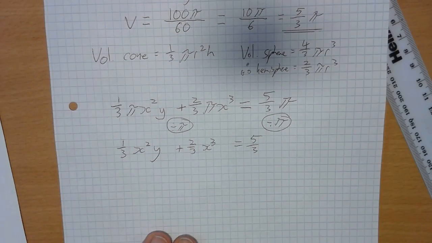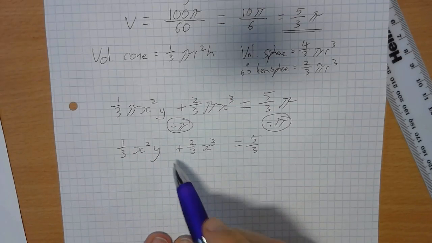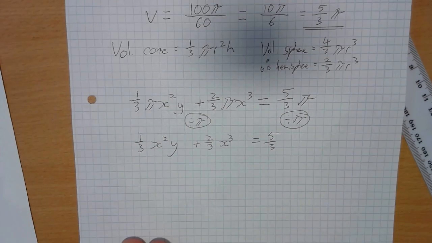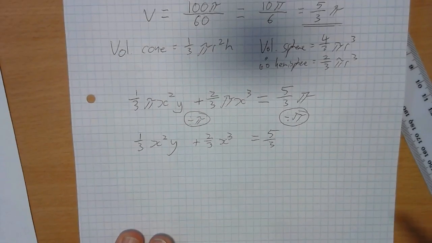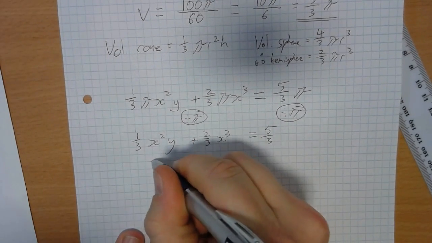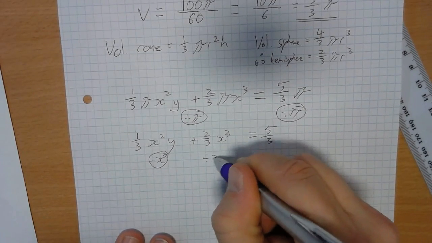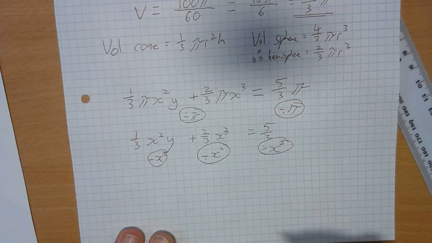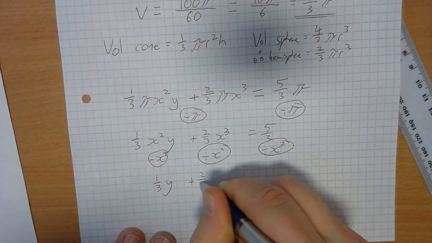Now, how to get y on its own? I want to divide by x in some way, and the largest power of x. So I'm going to divide by x squared because it's the highest power of x that I will be able to divide by. Now, if I divide this by x squared, then each part of this has to be divided by x squared, and this side has got to be divided by x squared, which gives me 1/3 y plus 2/3 x.